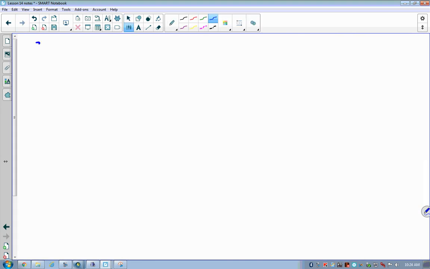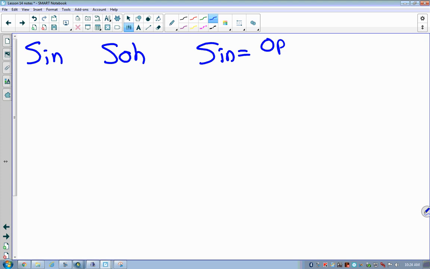Sine, or we shorten it to sin, equals opposite over hypotenuse. All of this, we're going to be working with right triangles, which is why we have a hypotenuse. We can't have a hypotenuse without a right triangle, correct?